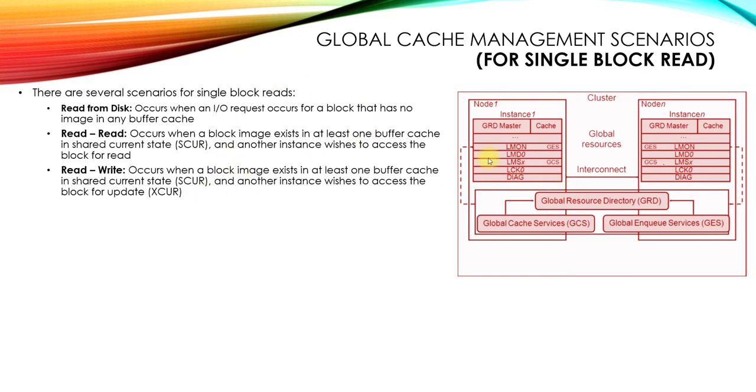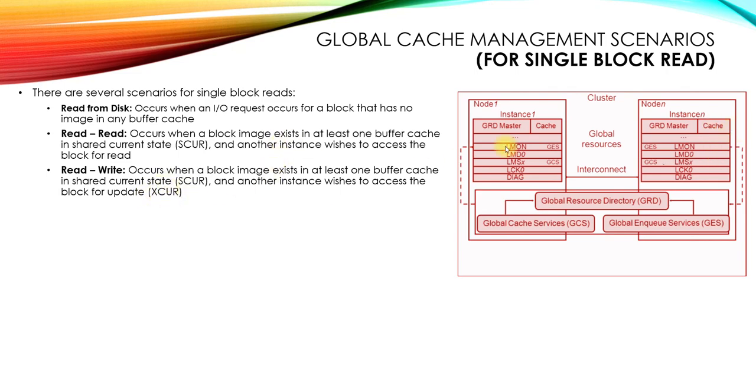Read write. The situation being some other requester is requesting that block to modify, and that particular block will not be SCUR, it will be XCUR, exclusive current, the latest block.